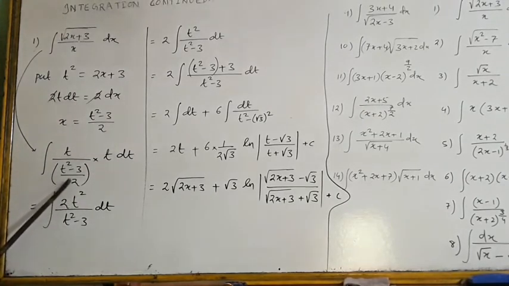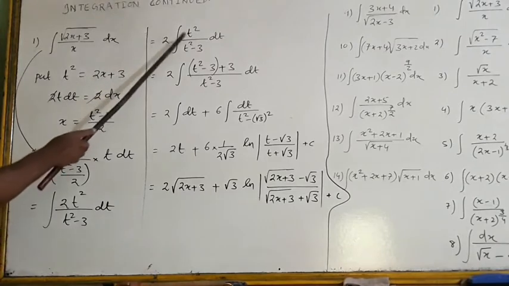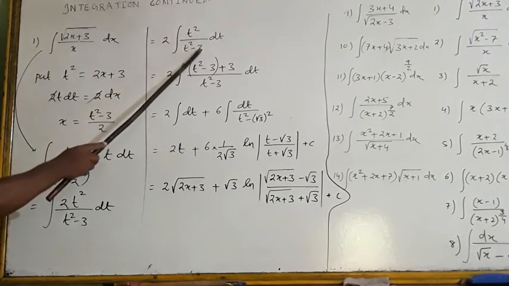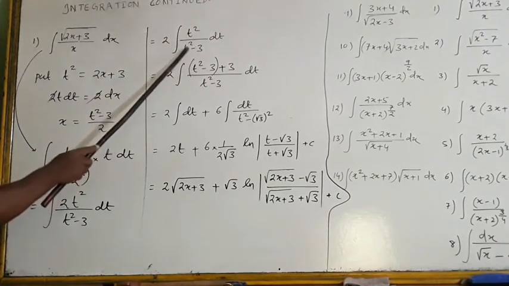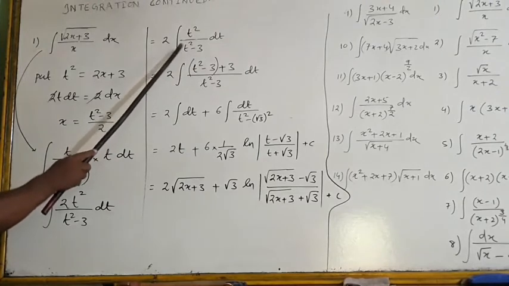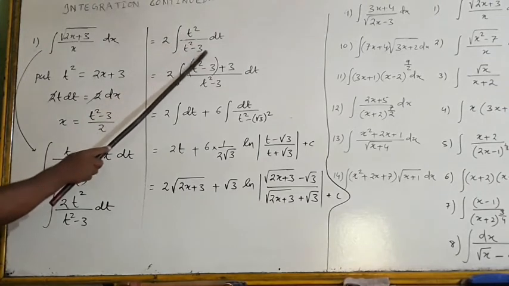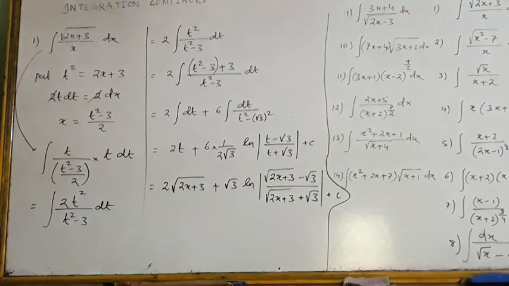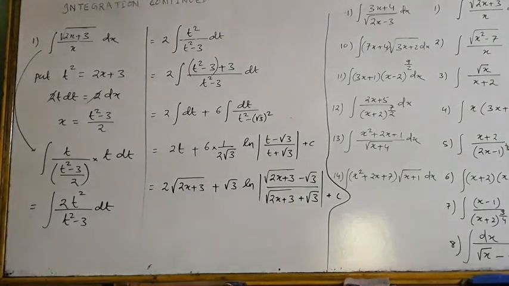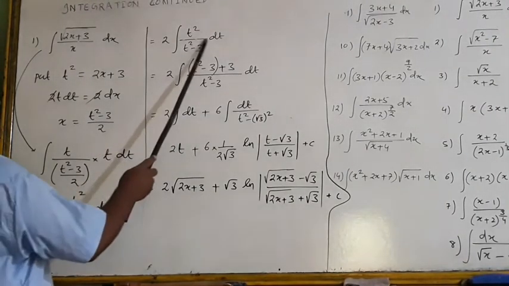Now arranging it becomes 2t into t, 2t square by t square minus 3 dt. Then 2 will go outside, it becomes t square by t square minus 3. Then looking to the denominator, it is t square minus 3, numerator is t square, the powers are equal. So you have to adjust looking to denominator.